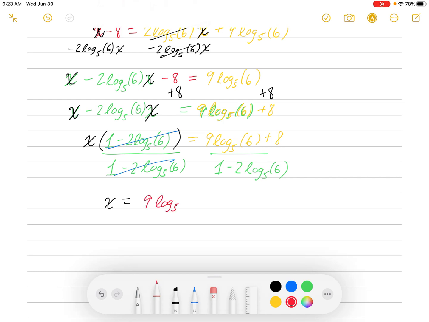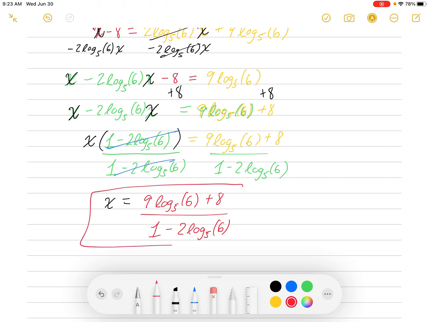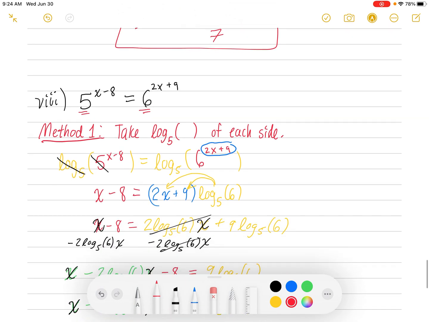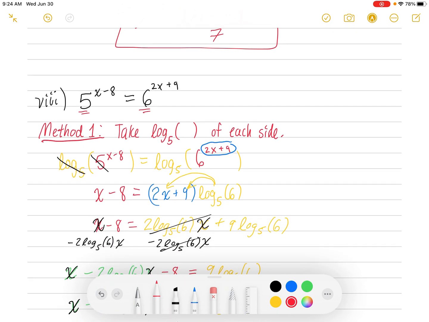So I'm dividing both sides by 1 minus 2 log base 5 of 6, whereas the greens will cancel on the left, and we'll have x equals 9 log base 5 of 6 plus 8 over 1 minus 2 log base 5 of 6. So that's one way to write your solution.